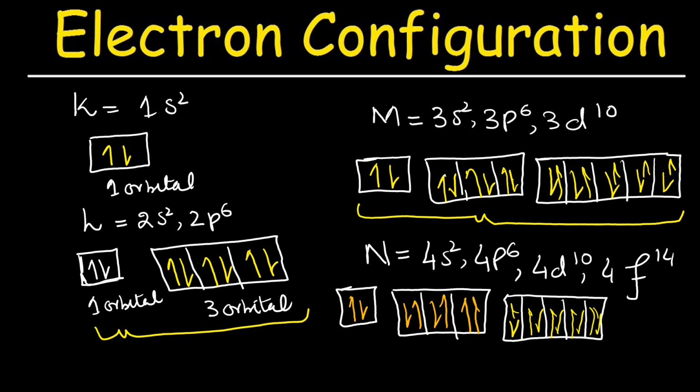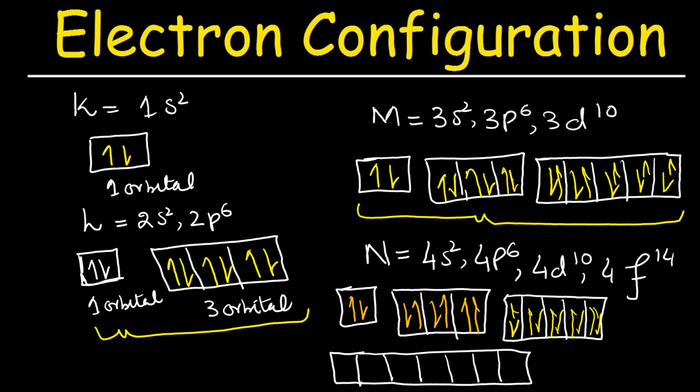In case of the 4f14 subshell, as you know, the electrons are 14 in 4f14, so there will be 7 orbitals, 1 2 3 4 5 6 and 7.